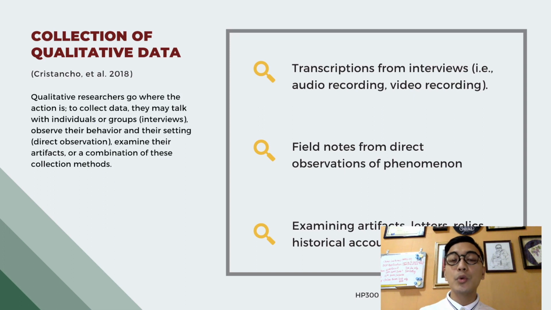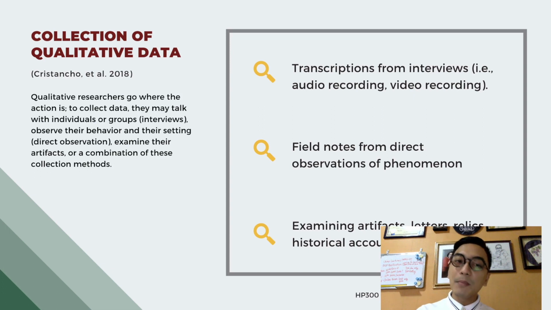If you're using ethnography, you need to prepare your diaries, your field notes, your notebooks from direct observations, and your camera for photos, so that you can also look into visuals. Another would be examining artifacts, letters, relics, historical accounts, photos, and secondary data. You can use all these.